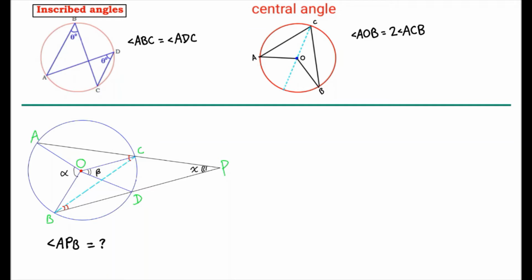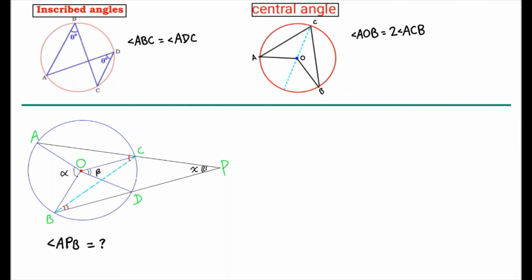Next is central angles. A central angle is an angle formed by the center of the circle and 2 points on the circle.